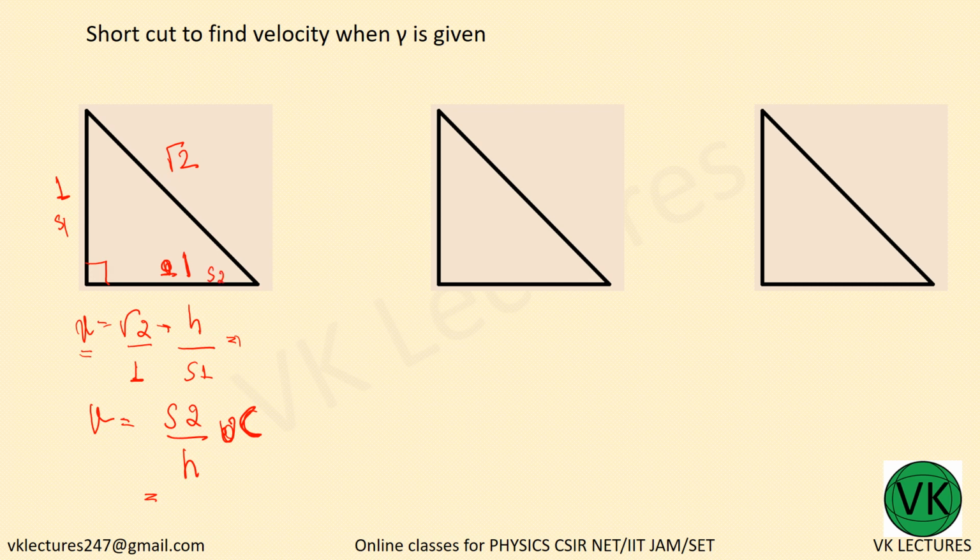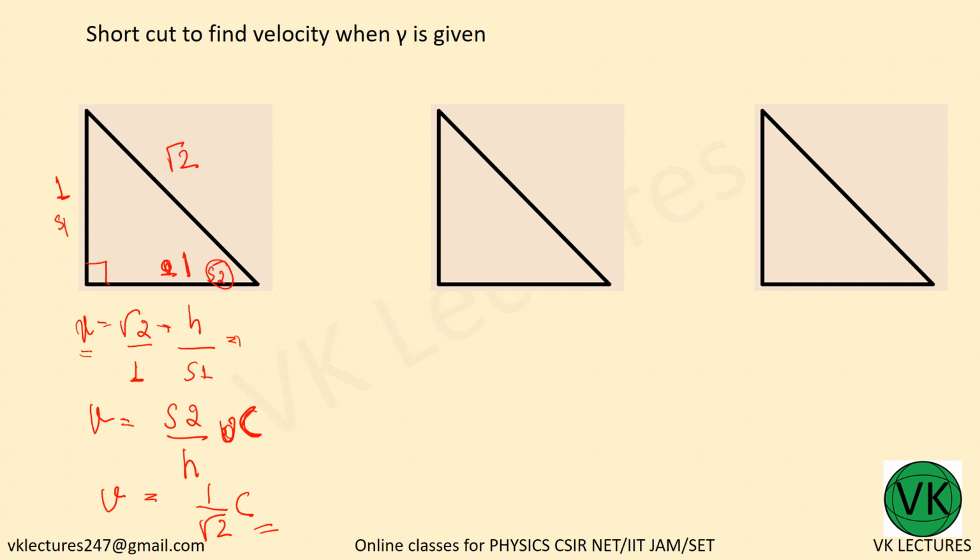Side 2 is 1, because s1 square plus s2 square is nothing but hypotenuse square. What is the hypotenuse? Root 2 into c. This is the same as you got in the previous example. So v equals 1 by root 2 c.